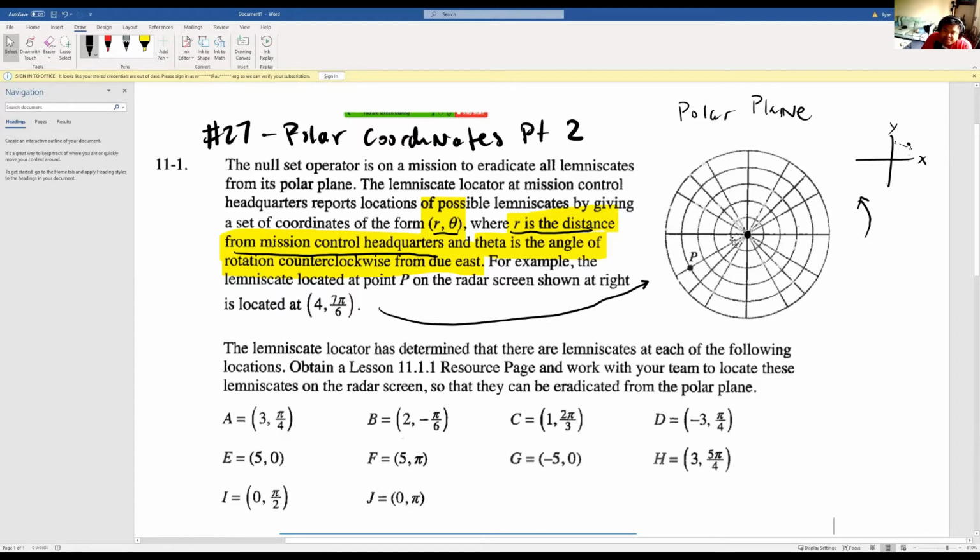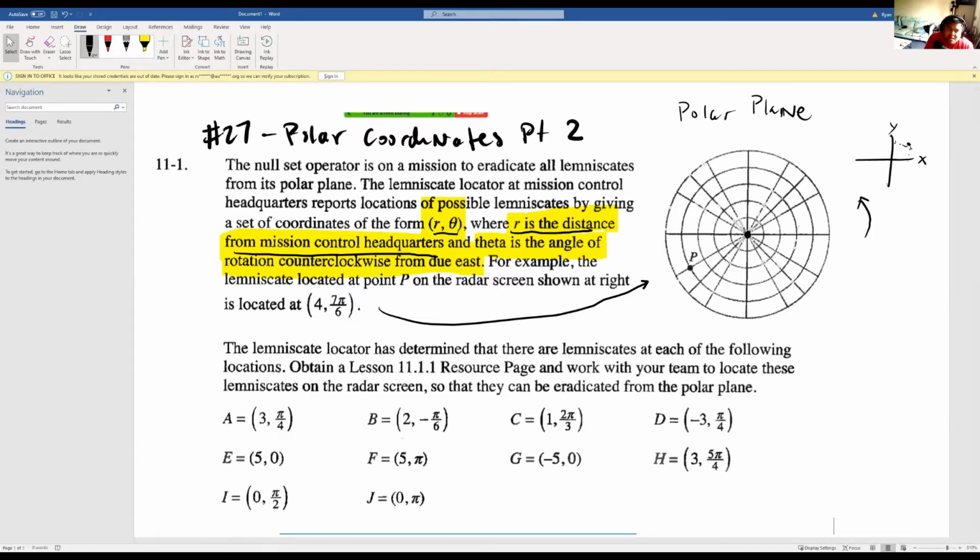And then I would walk forward 4 steps, 1, 2, 3, 4. If it was -4, I would still rotate all the way to 7pi/6, but I walk backwards 1, 2, 3, 4. And we'll get to that more in detail.